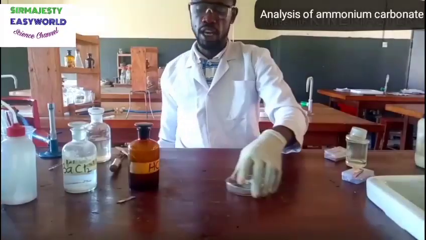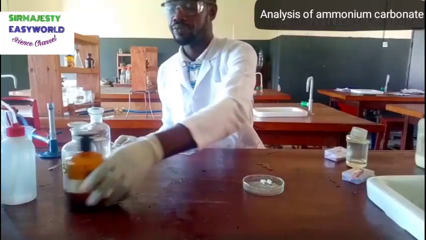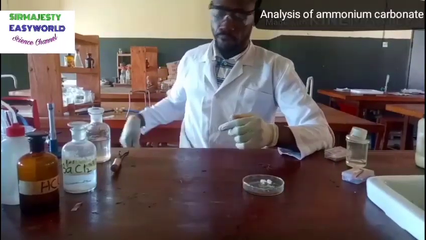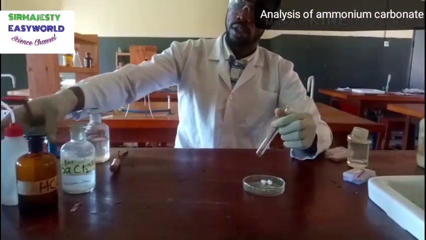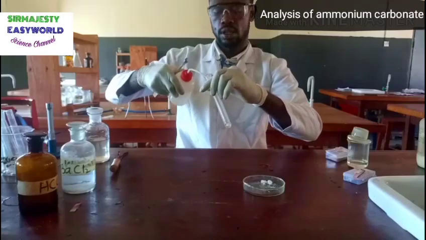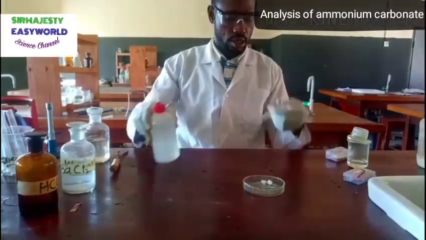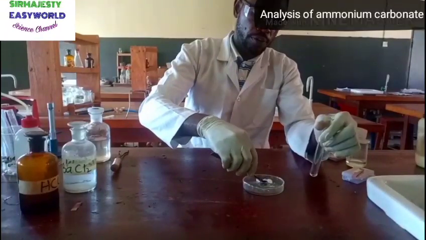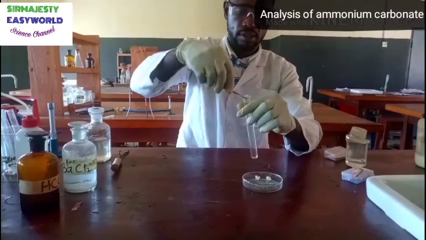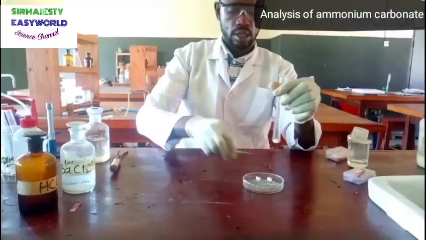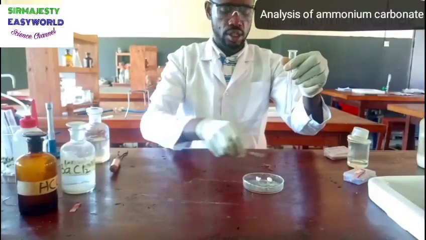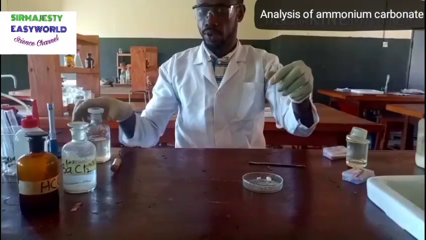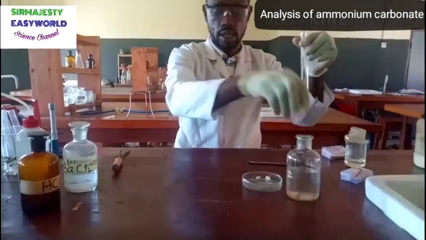Then the next form that this may take is you might be required to put a solid sample of about half a spatula of sample C, and then add few drops of sodium hydroxide.